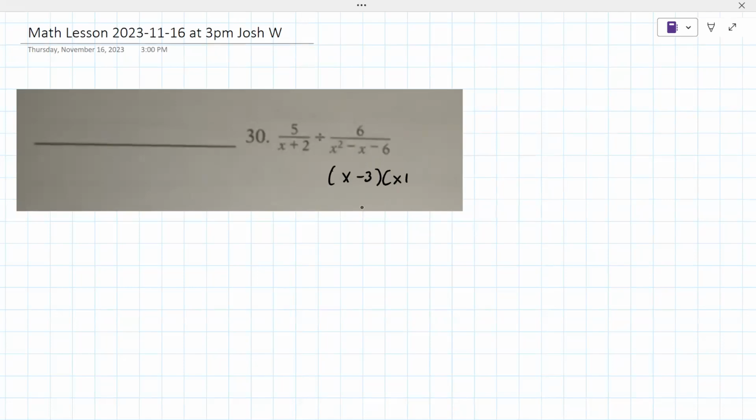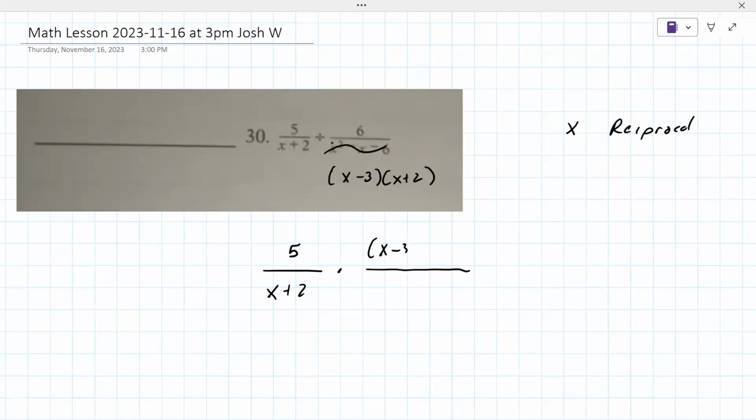3 x plus 2. That replaces that bottom piece there. Now you never divide. You always multiply by the reciprocal. So this becomes 5 over x plus 2 times x minus 3, x plus 2 over 6.